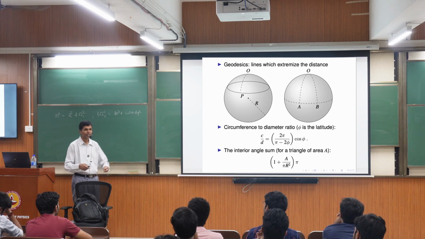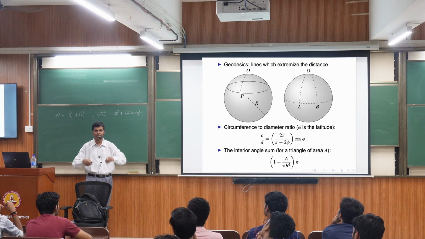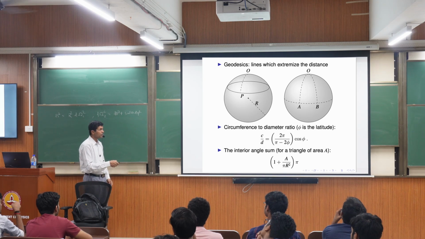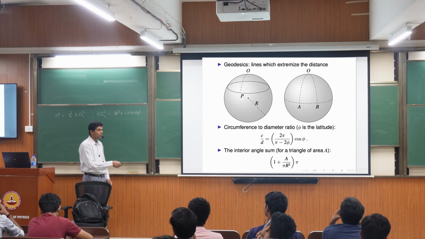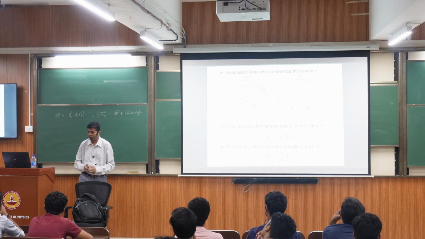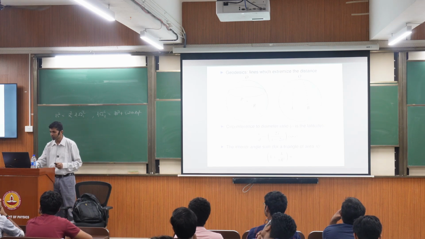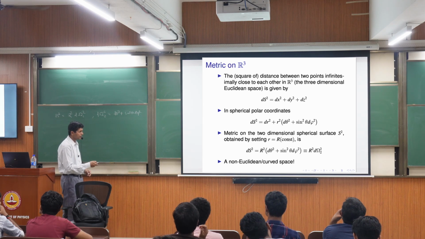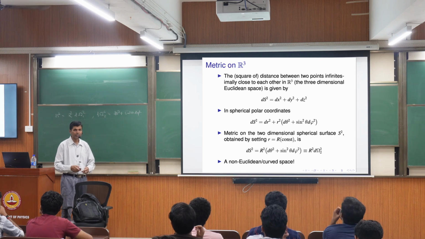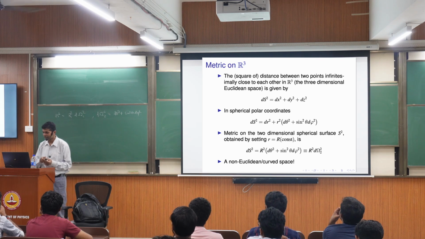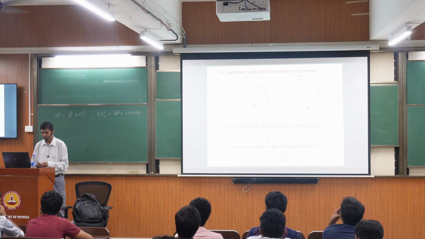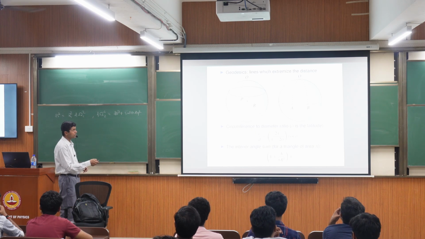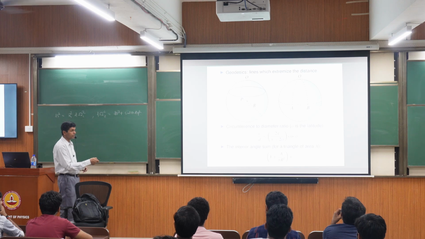I mean, usually you can think of a sphere as embedded in three-dimensional space and all those things, but here we talk only of the points on the surface of the sphere, only the points which satisfy this constraint, r equal to R. So there is nothing inside the sphere. It's all the points on the surface, and therefore the distance is just the length of this curve here. The radius is just this.